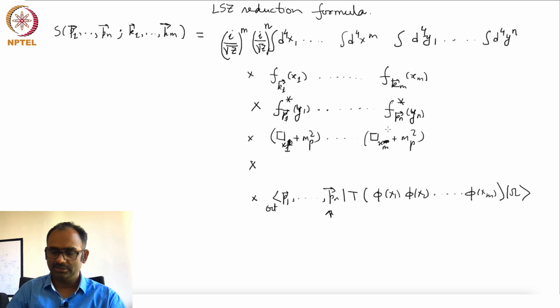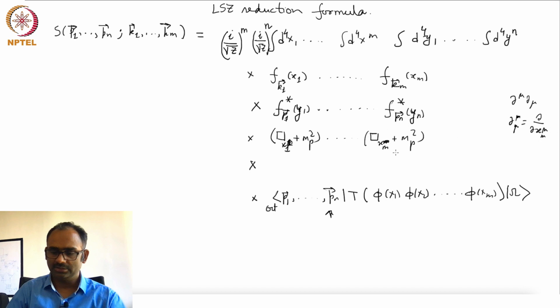Okay. Meaning this differential operator del mu, this del mu is basically del over del xm mu. Okay. This is the derivative operator here.